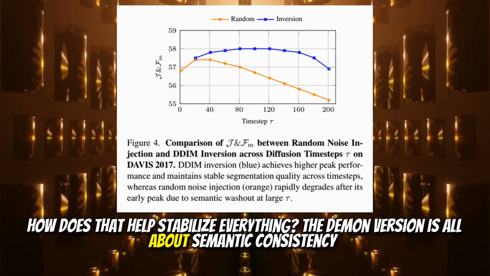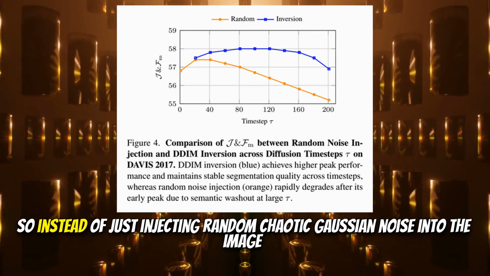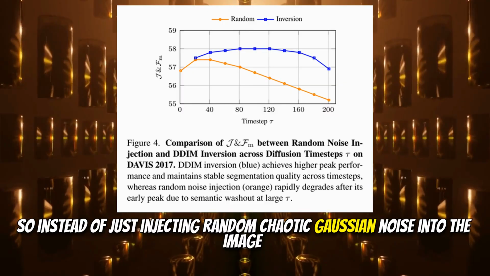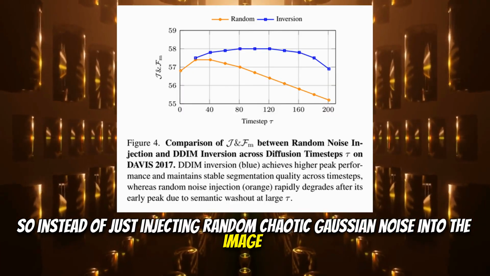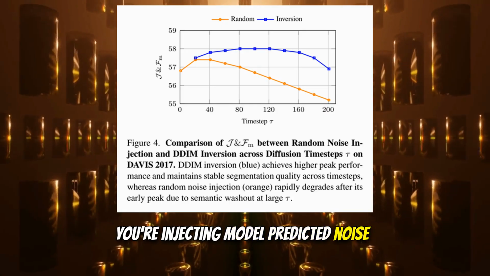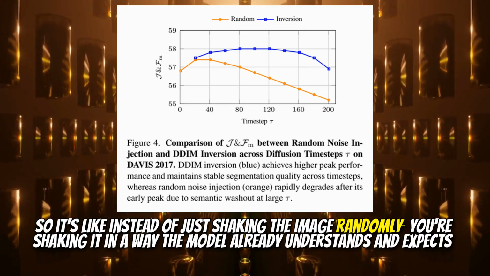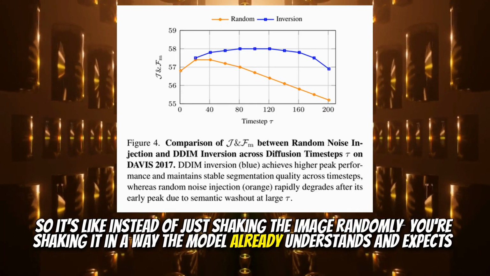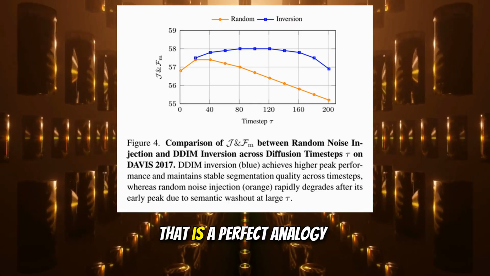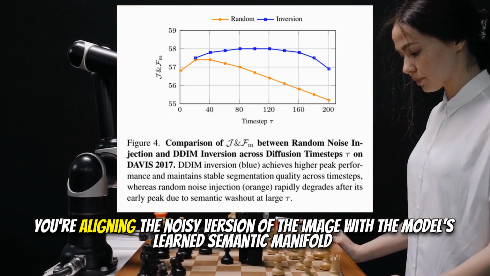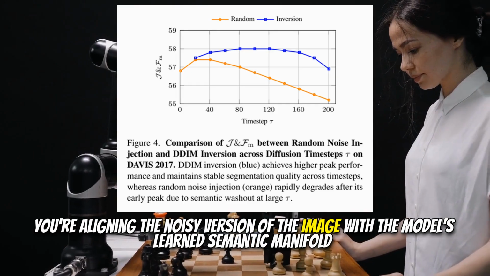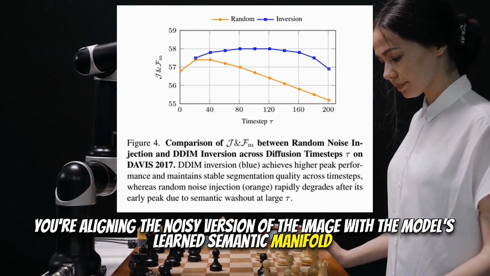DDIM inversion is all about semantic consistency. So instead of just injecting random, chaotic Gaussian noise into the image, you're injecting model predicted noise. Exactly. So it's like instead of just shaking the image randomly, you're shaking it in a way the model already understands and expects. That is a perfect analogy. You're aligning the noisy version of the image with the model's learned semantic manifold.